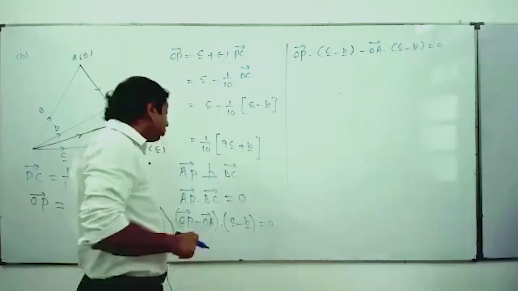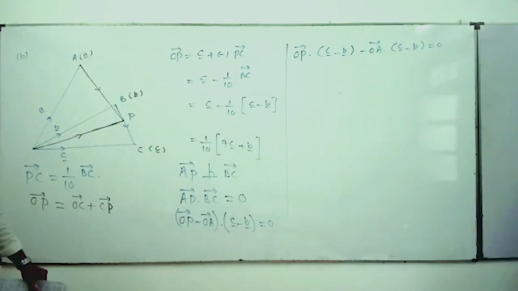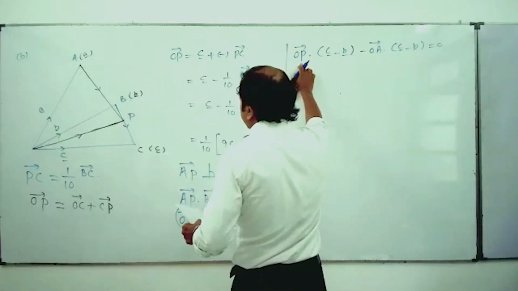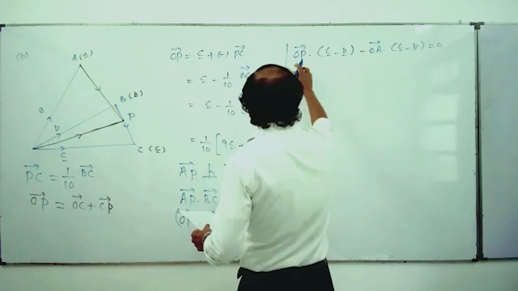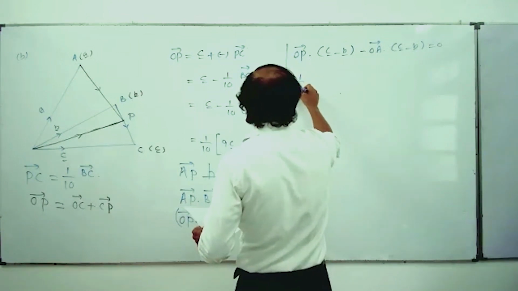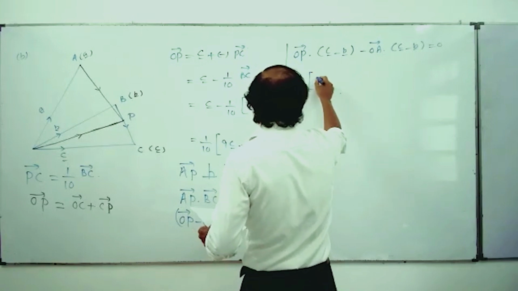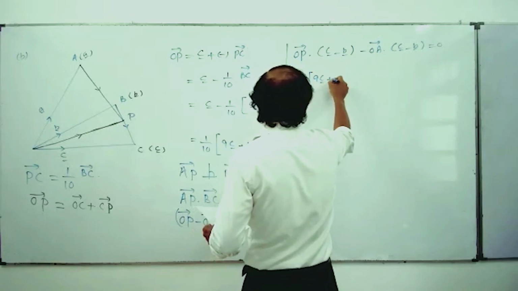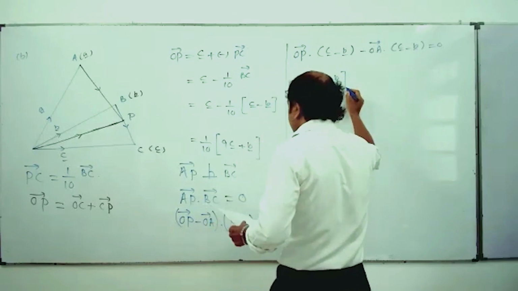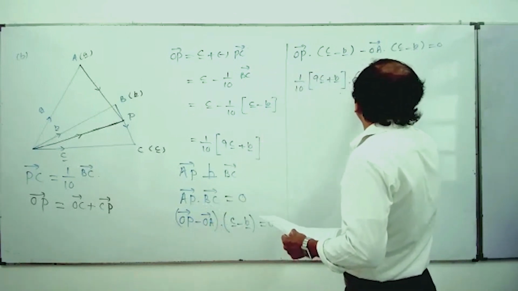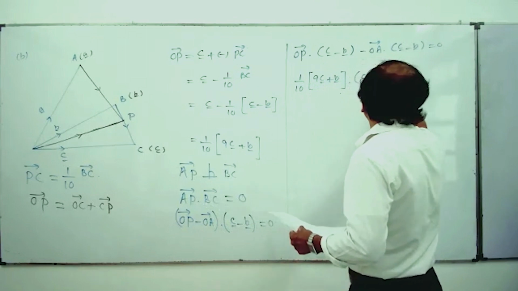Now you can substitute for this OP vector. We found this answer, put that here: 1 upon 10 of 9c plus b, dot c minus b vector.